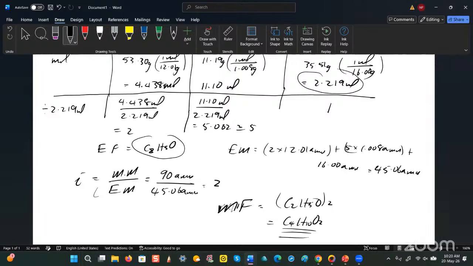That's how that is done. All right. Any questions about this? So this is basically a typical combustion analysis type problem.